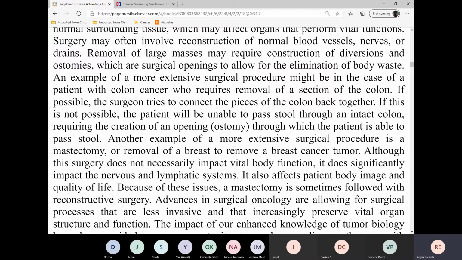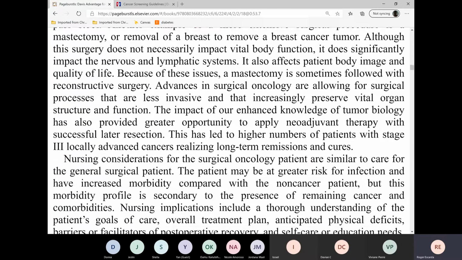So those are examples of those types of surgeries, not really to restore the original function, but now to modify the patient's normal physiology. Because the small intestine is now missing, the patient will have to have an ostomy following surgery.